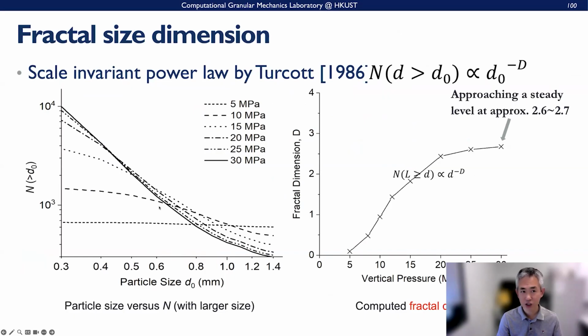And also, we look at the so-called fractal size distributions. According to Turcotte, there will be a so-called scale invariance. You see here, initially the number of particles as the size changes is uniform at the beginning, and when you crush it, it develops such a curve and tilts, and when further crushed it will evolve in this way, and by the end at high pressure you'll develop this solid line here, right?